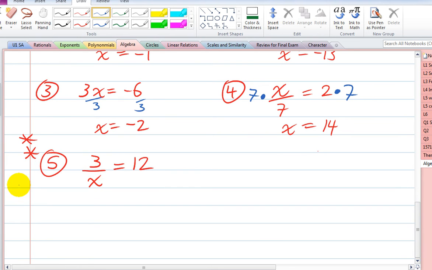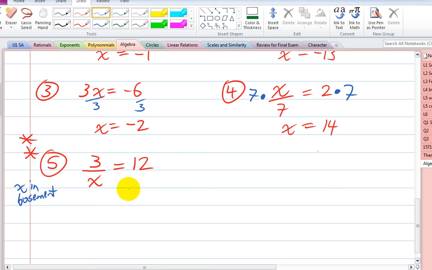X is in the basement. Who likes getting locked in the basement where the spiders are? No one. A little creepy down there. So how do we get x out of the basement? Flip it, right.